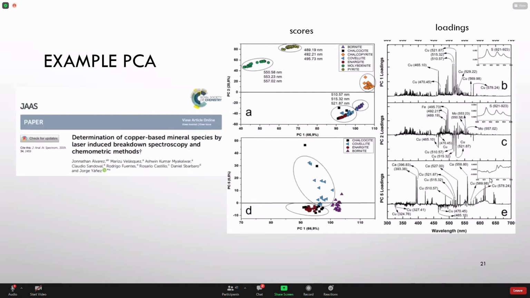Here I have another one, the determination of some mineral species, but by another method.